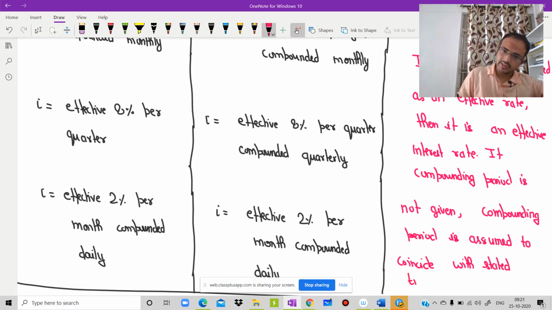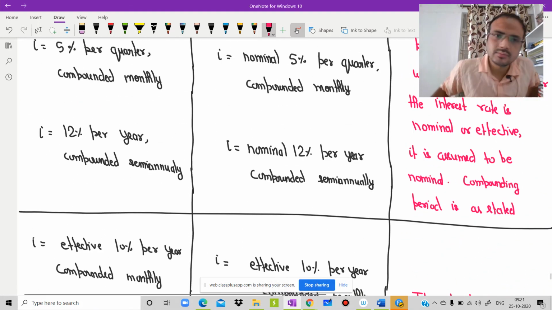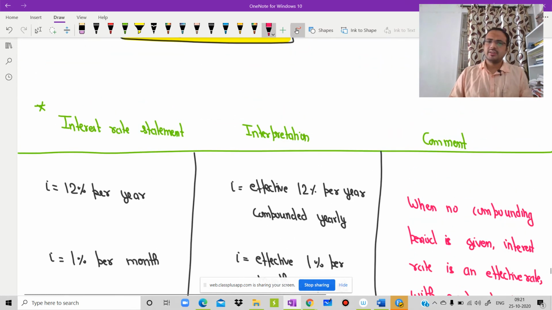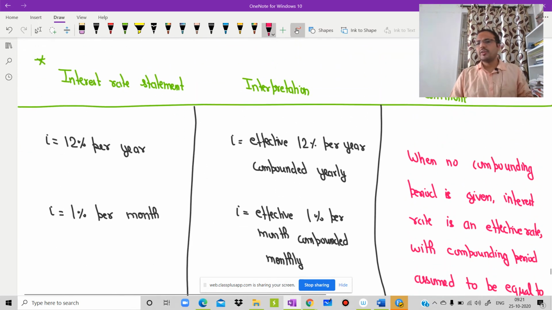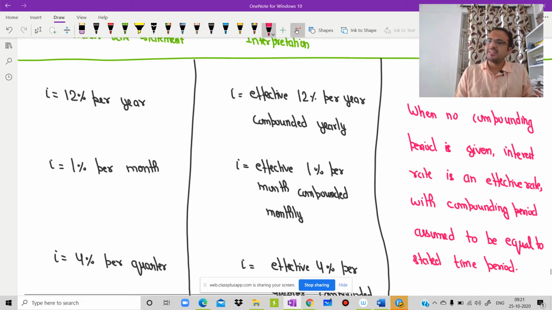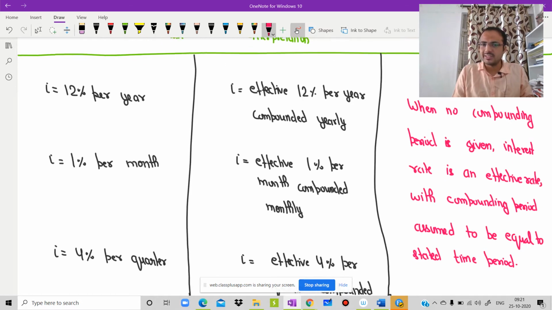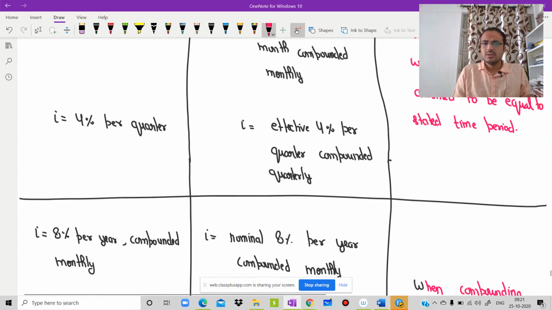These are some basic things: per year, per month, per quarter. So when no compounding period is given, then the rate is an effective interest rate with compounding period assumed to be equal to the stated time. Is it clear?